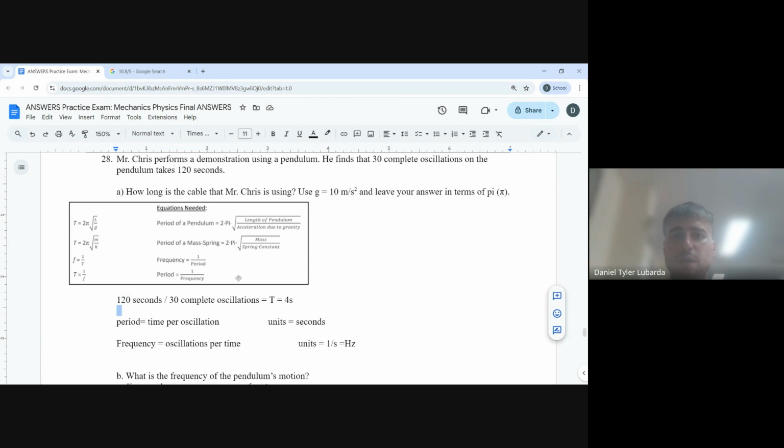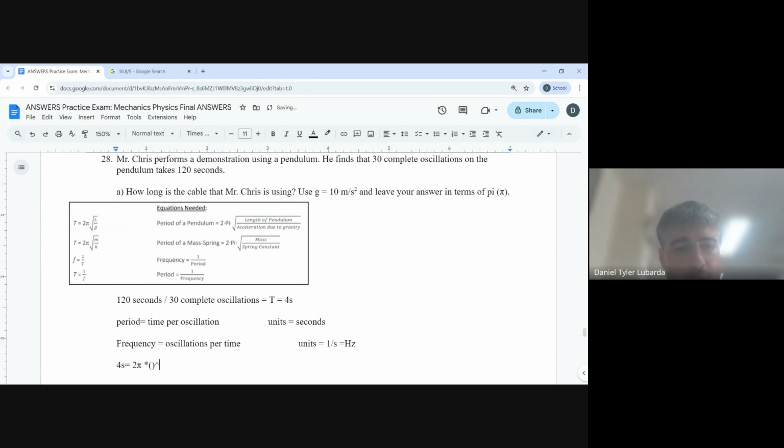And if we continue with this, we can use our equation, period of a pendulum equals 2 pi, which I'm going to copy here so I don't have to worry about it later. So our period of a pendulum, we already know, is 4 seconds. It's going to be equal to 2 pi. Now, here it's going to get a little tricky.